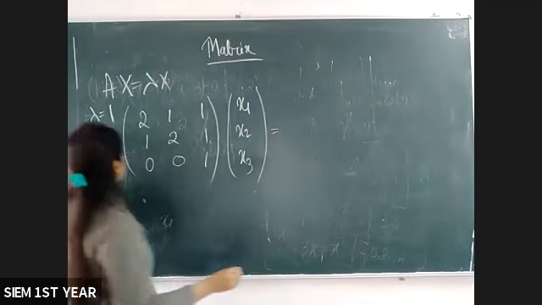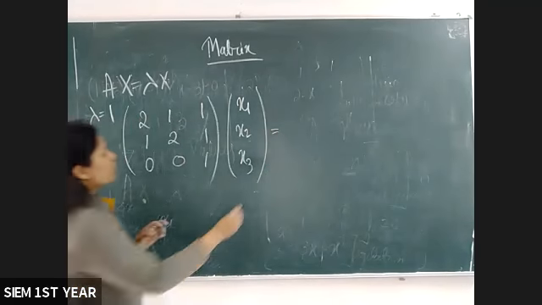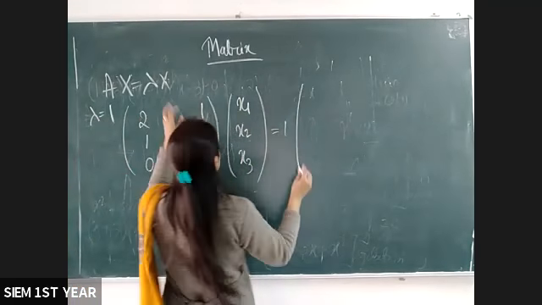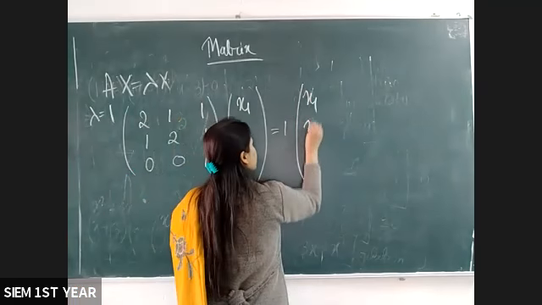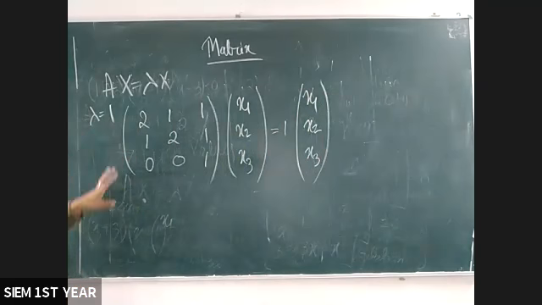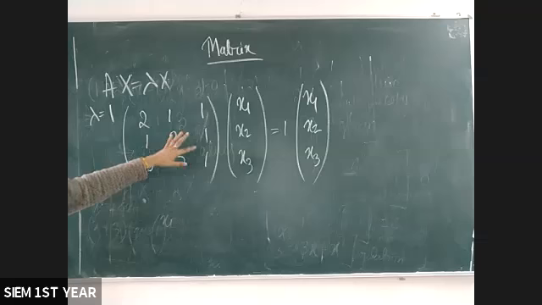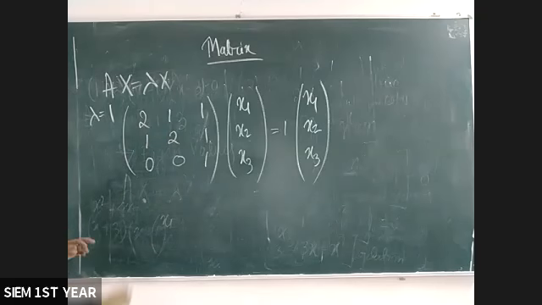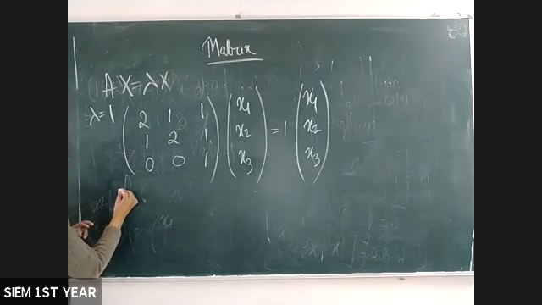Here we are choosing lambda equal to 1, so this is 1, times again x1, x2, x3. From this, you will get some equations, and you have to solve for the values of x1, x2, x3, and this will be your corresponding eigenvector. So let's solve the problem.